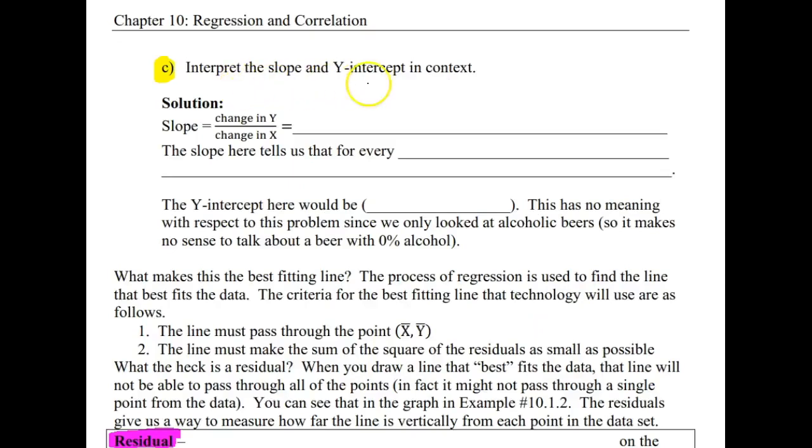So now if we interpret the slope and the y-intercept in the context of this data, slope is change in y over change in x, which in this case is going to be the change in number of calories over change in alcohol content.